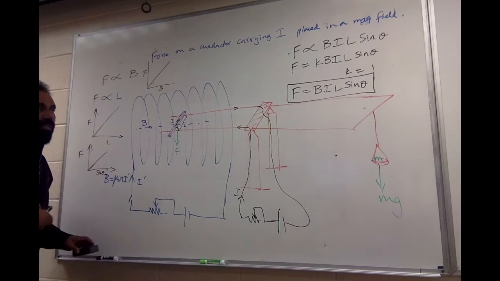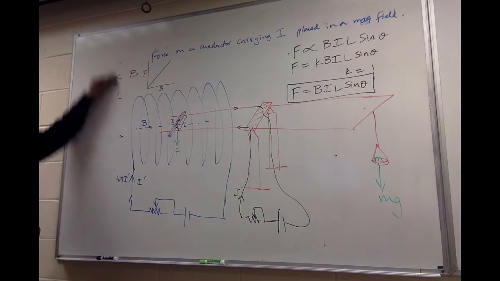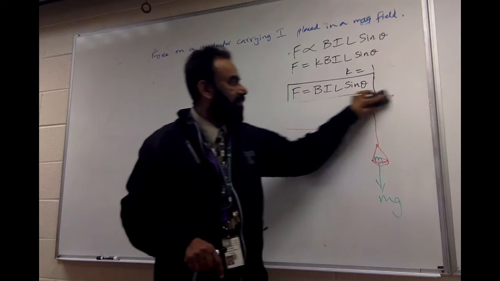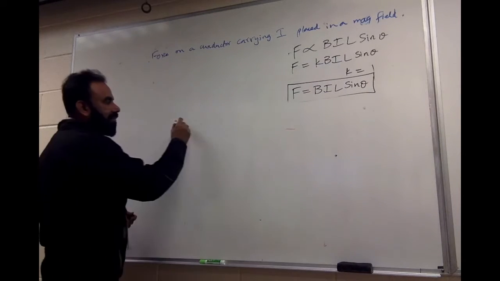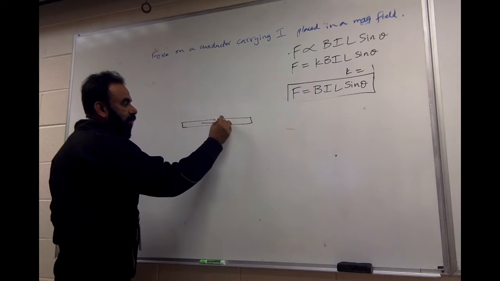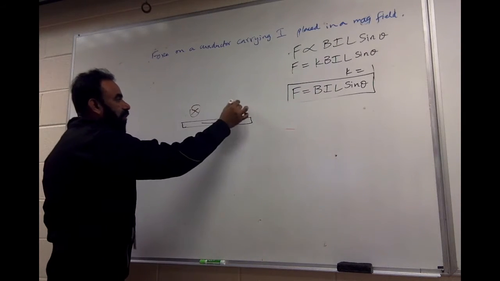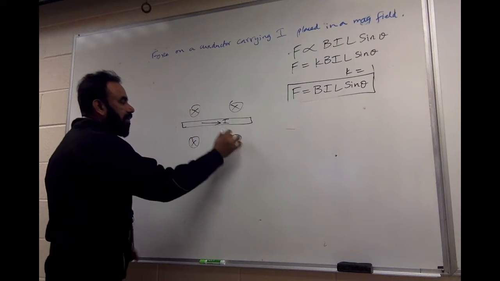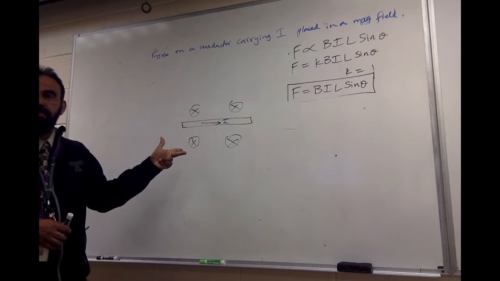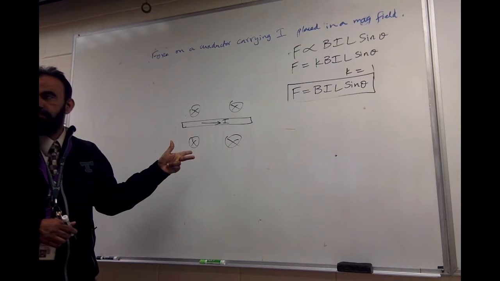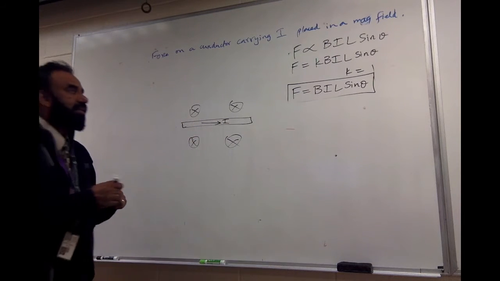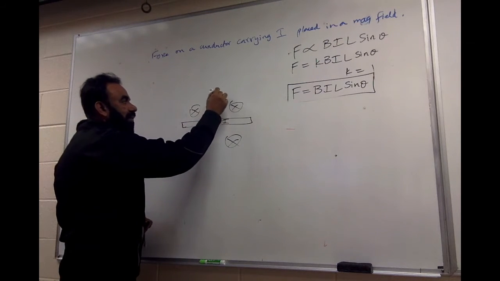Now it's the same formula that's going to be applied for a charge moving. Watch this. If a current is going that way, and the magnetic field is going into the board, which way is the force on the conductor? Current is going that way, magnetic field is in, so the force is going to be that way.